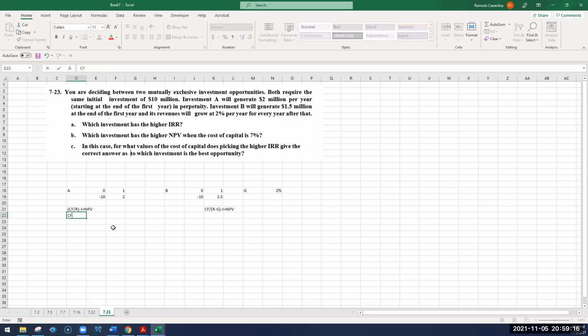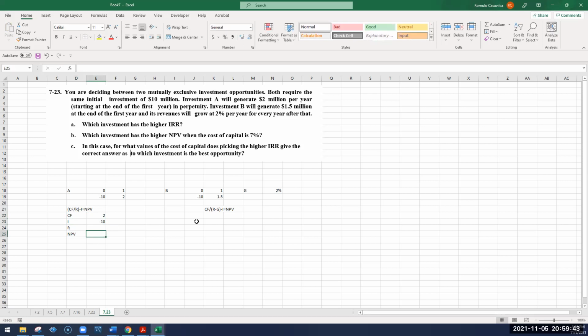So I have a cash flow of 2. My required rate of return, I don't know what it is. I have the investment, which is 10, and I'm going to put it positive.